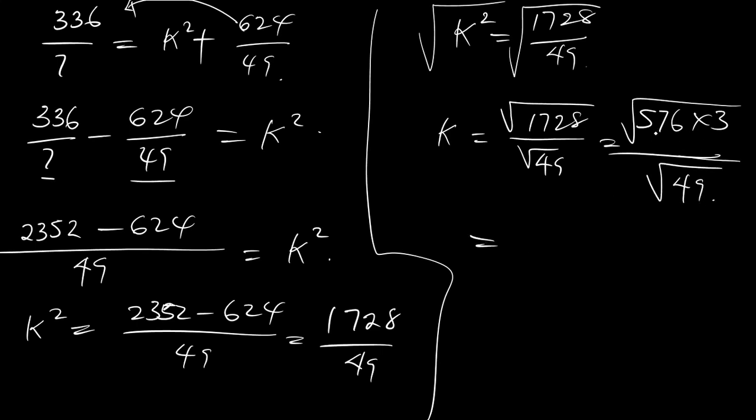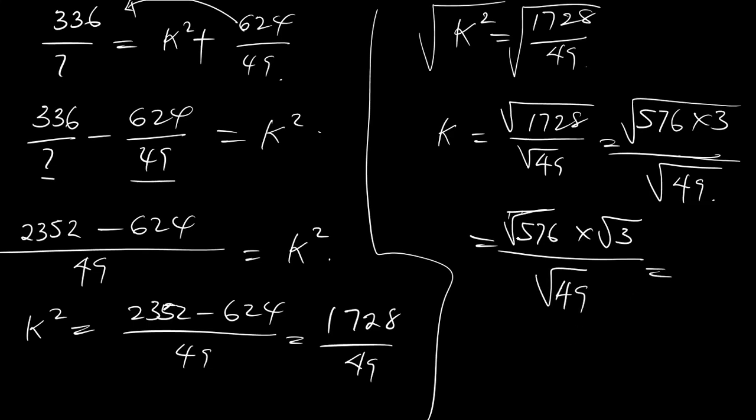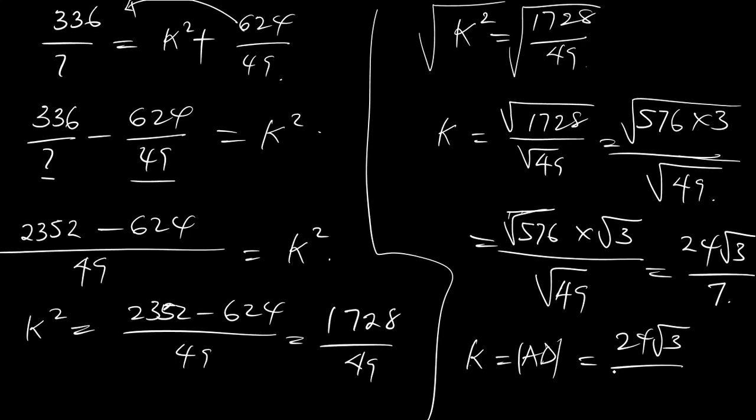Now, the square root of 576 times 3 can also be written, according to the surd rule, as the square root of 576 and the square root of 3 divided by the square root of 49. The square root of 576 is 24. The square root of 3 stays, and the square root of 49 is 7. So K is equal to AD, which is equal to 24 root 3 all over 7.